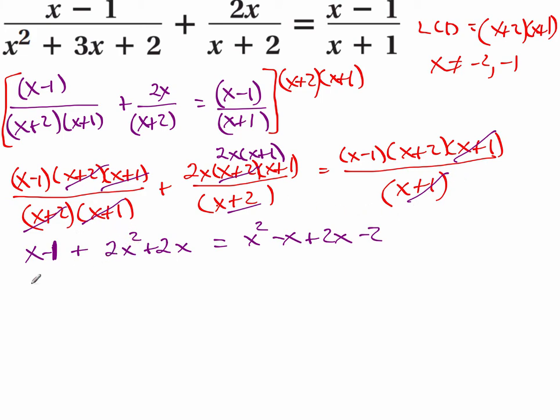So let's see what I've got here. I have 2x squared plus 3x minus 1 on this side is equal to x squared plus x minus 2 on this side. So I'm going to subtract x squared and x and add 2 to both sides.